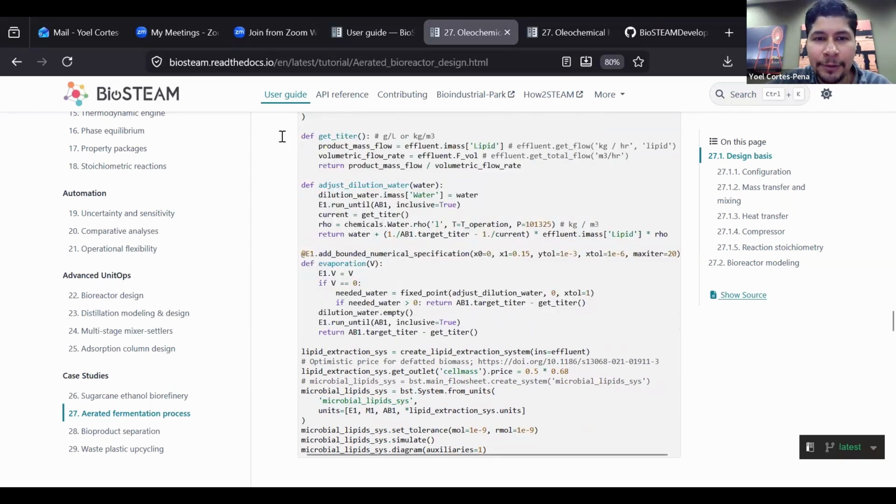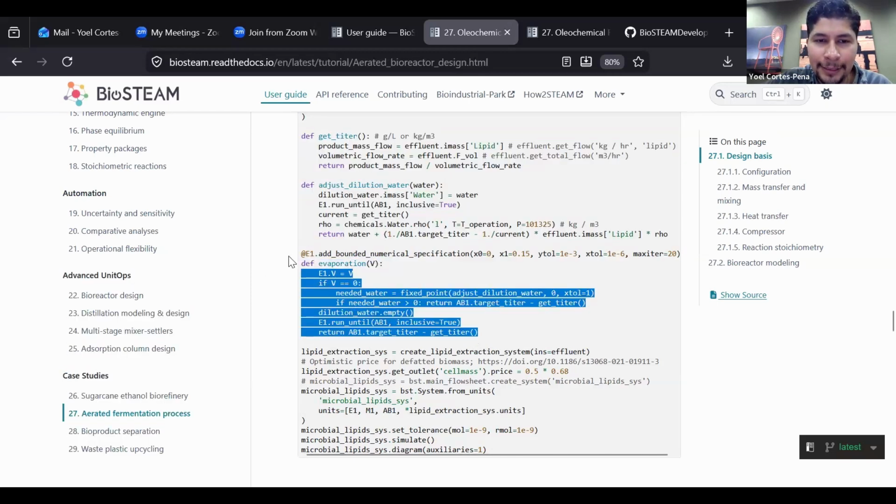But just to summarize, what we do is we adjust the amount of water around this code here. Then we run all the unit operations until the aerated bioreactor. We could have done E1.simulate and then, I don't know, mixer.simulate and then AB1.simulate, or we could use this code line over here, and then we're getting the error.